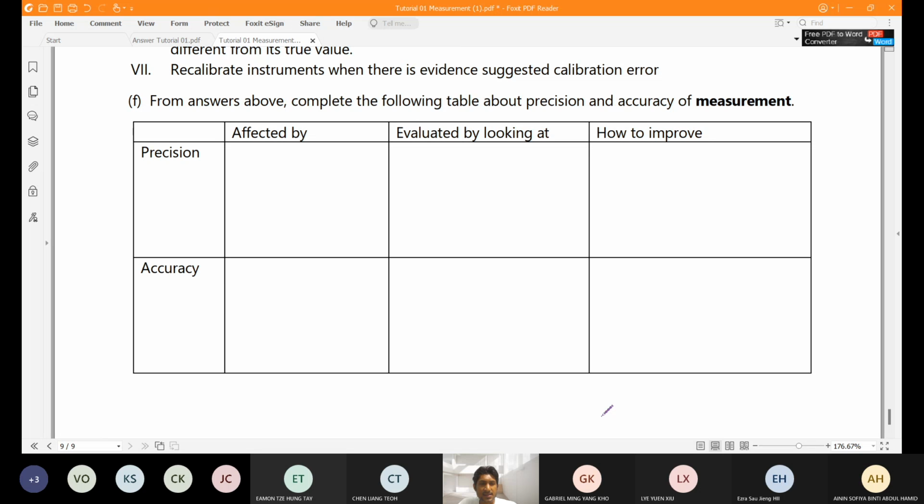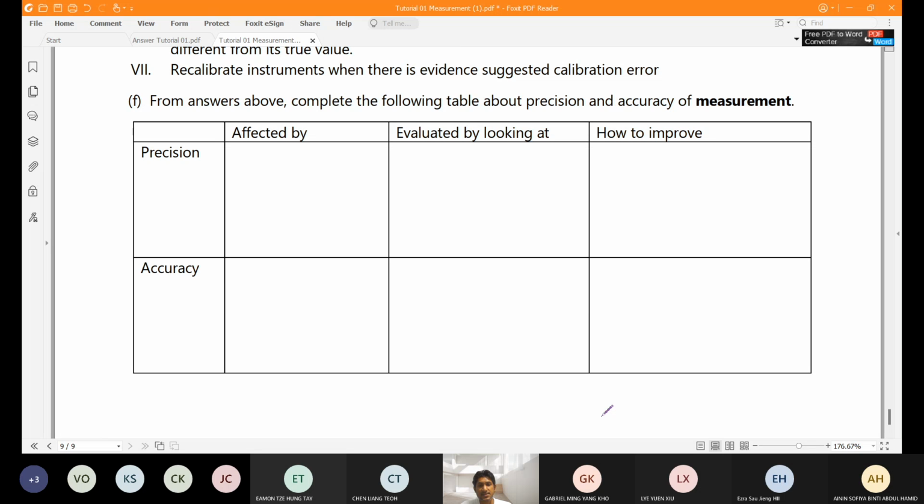Accuracy is affected by the systematic error, and the percentage of error will tell us how accurate the result is.